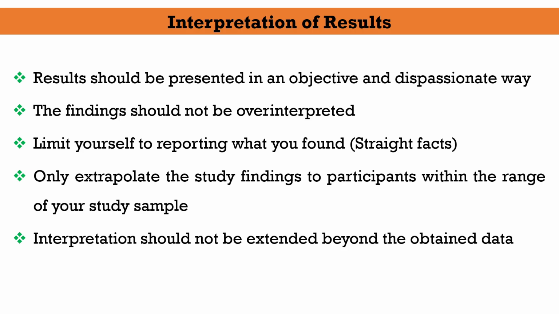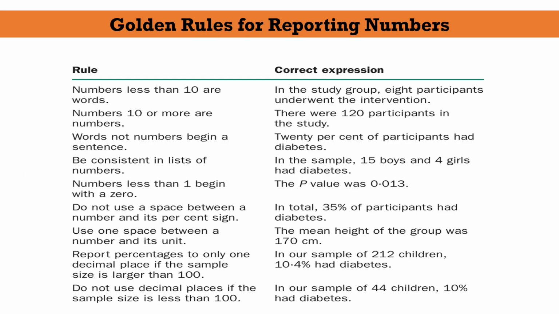In reporting our findings, there are some rules regarding numbers that should be observed when we are writing our research papers, and these rules relating to numbers are well described in this table. For instance, numbers that are less than 10, you just report them as words, and those that are more than 10, we can use numerical representation to report them.